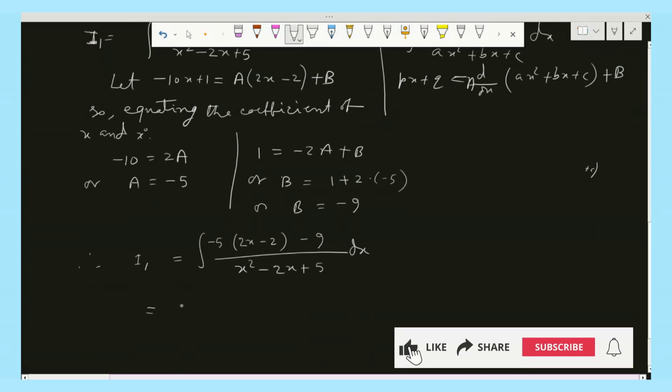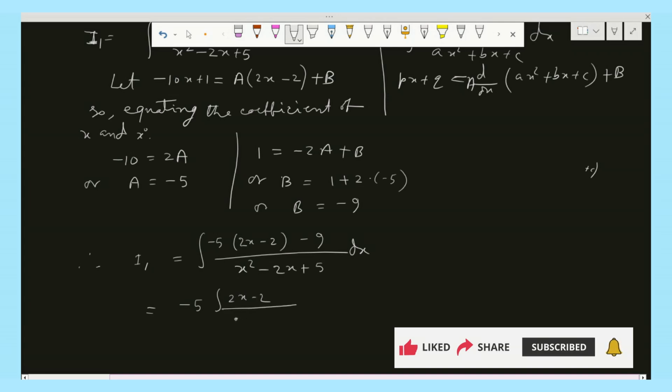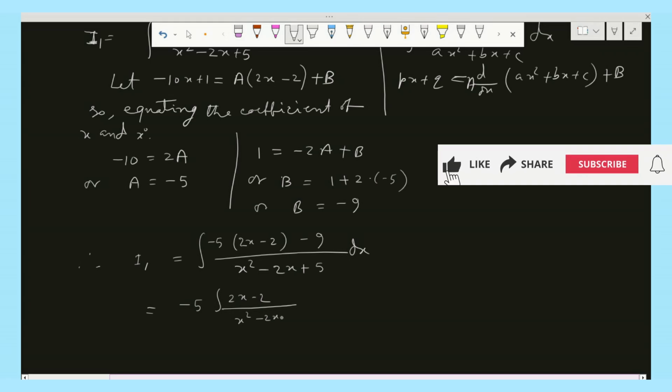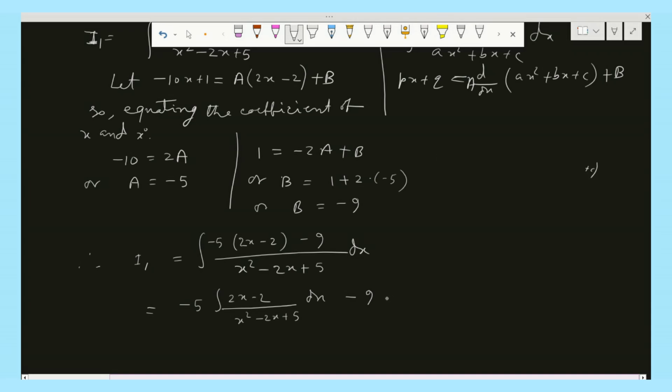That is equal to minus 5 integration of 2x minus 2 by x square minus 2x plus 5, minus 9 integration dx by x square minus 2x plus 5.